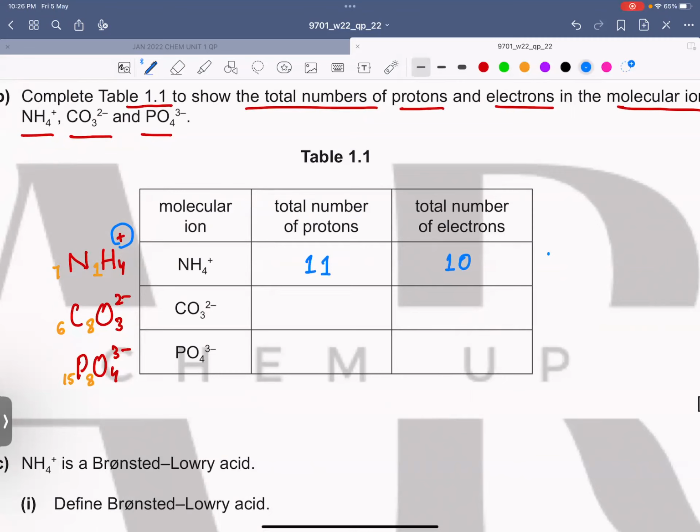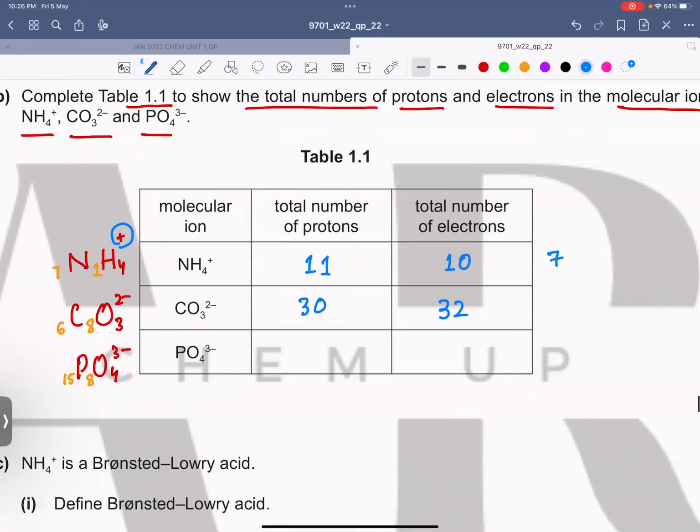Now for carbonate ion, there are 6 protons for a carbon and 8 protons in an oxygen, but there are 3 oxygens, which makes it 24. So the count for the protons would be 24 plus 6, 30. And 2 negative charge indicating 2 extra electrons, so it would be 32.